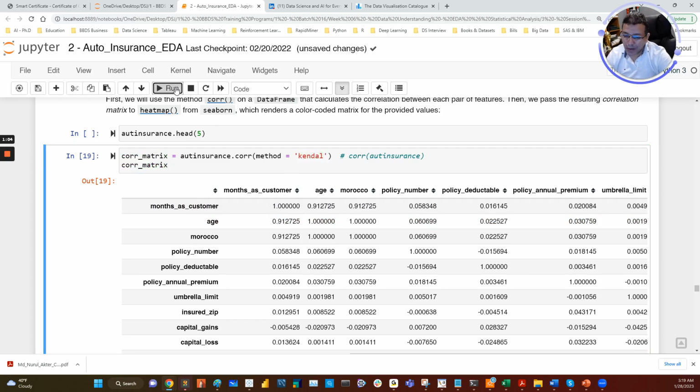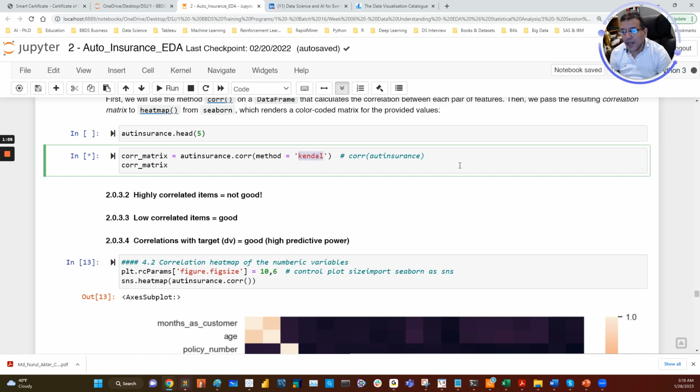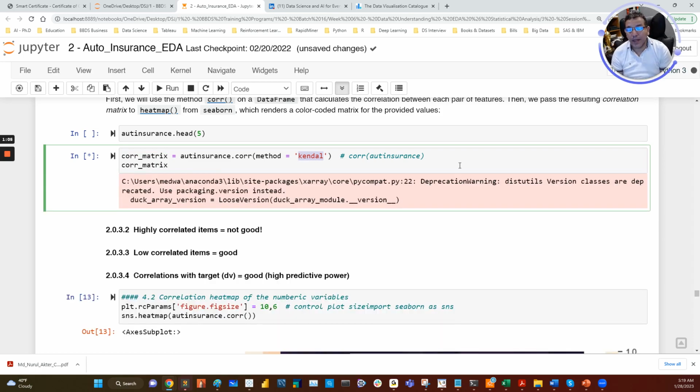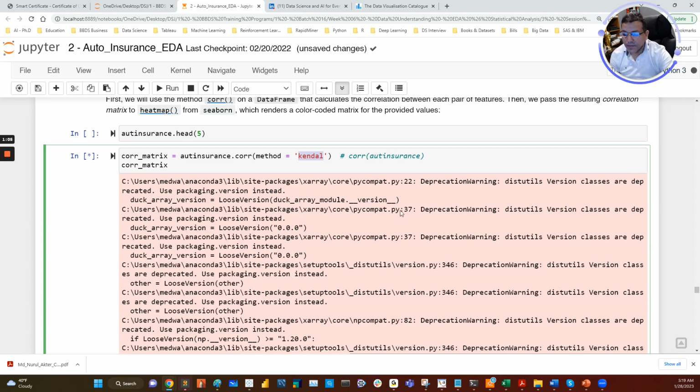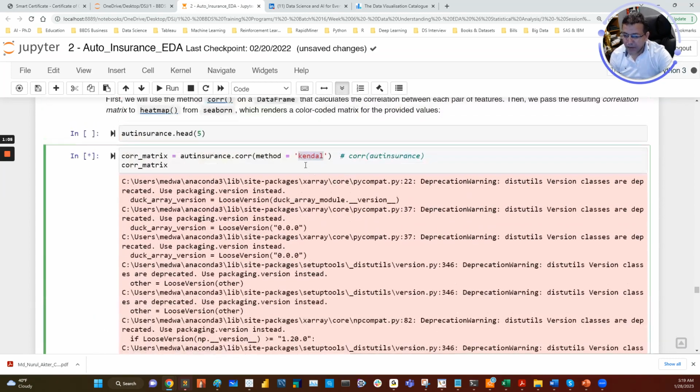So maybe I spelled it wrong. Yes, I mean, it is gonna work, but Kendall takes a lot of correlation, a lot of math behind the scenes, and it might throw an error. Anyway, I think I misspelled it.